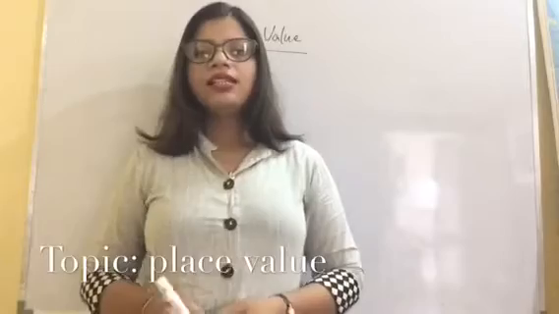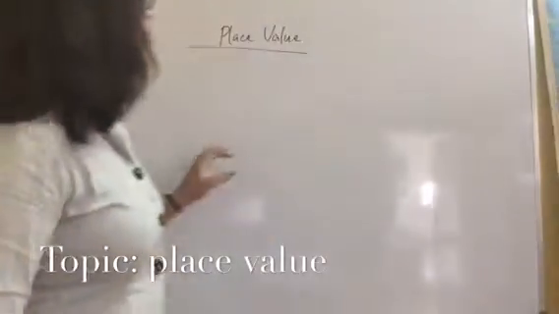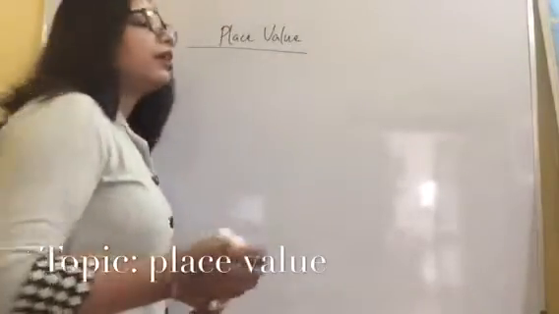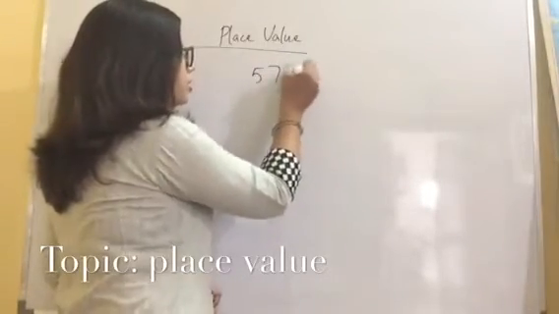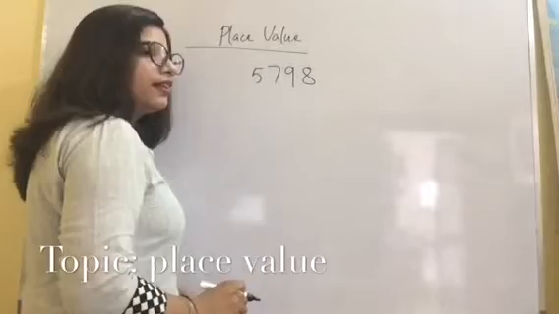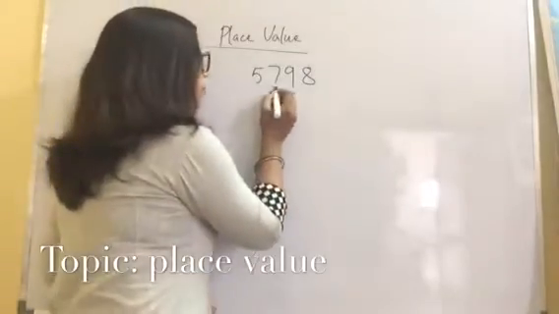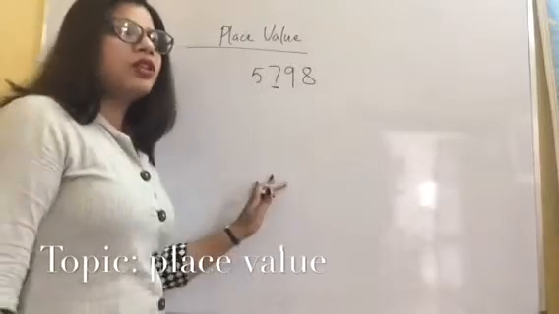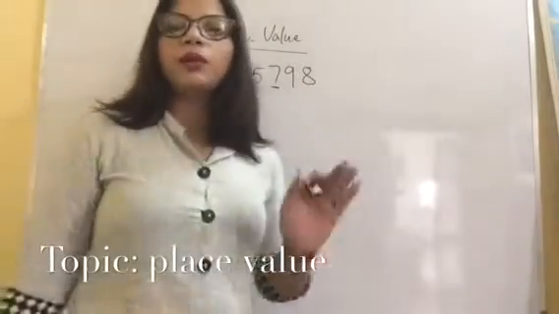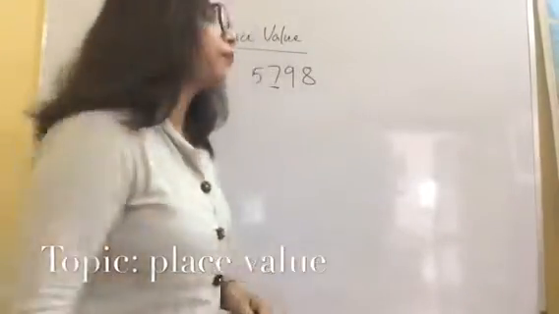Let's start our class. So for discussing place value, let's take an example: 5798. This is a number and the question asks us what will be the place value of the underlined number. The underlined digit is 7. So they want to ask what will be the place value of 7.